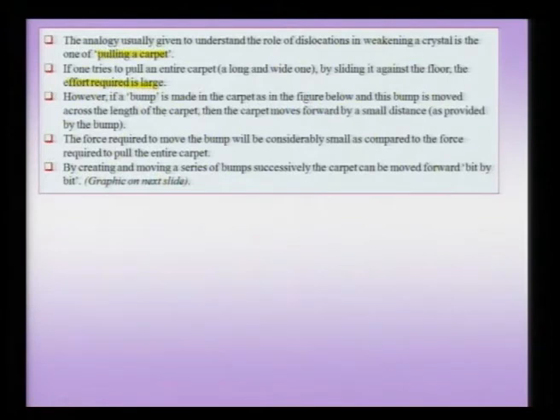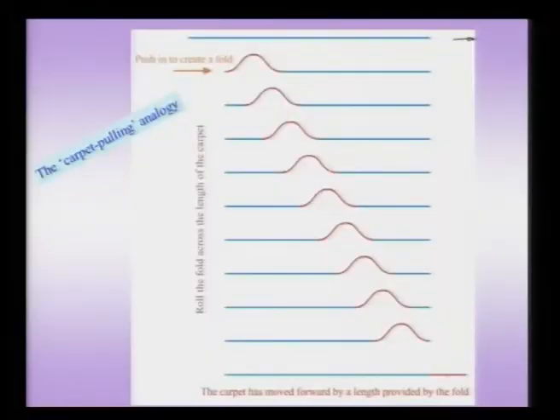At any point of time I am not pulling the entire carpet, I am just moving the bump along the carpet. So, I make a bump in the carpet, and this small bump I slowly move forward, and you will notice that at each point of time, the stress required to move this bump is much smaller than to move the entire carpet.